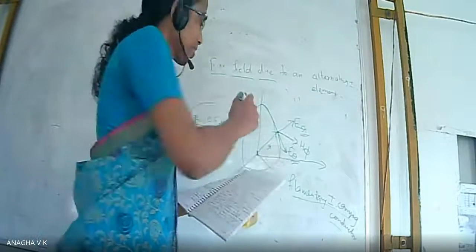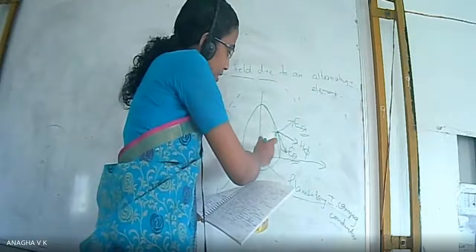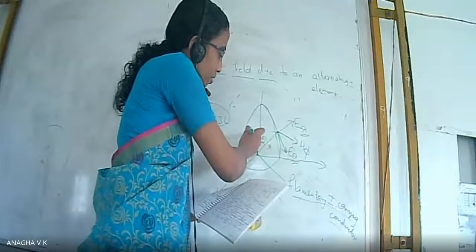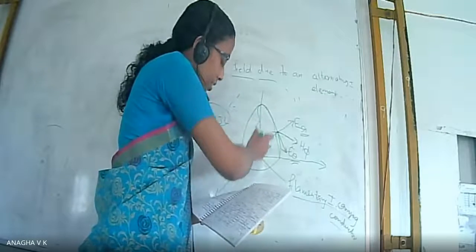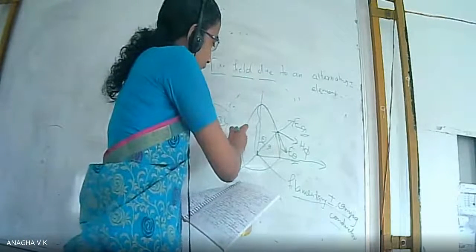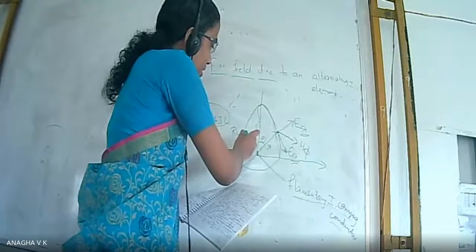Okay. So what is this? This is theta. If this is theta, then this distance is r cos theta.